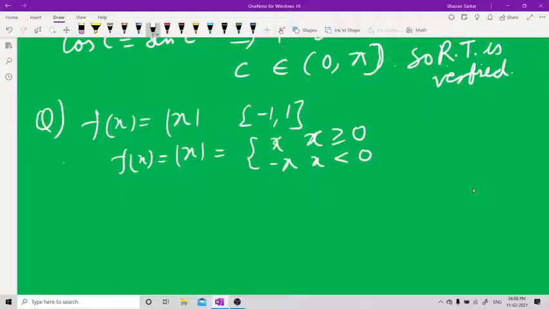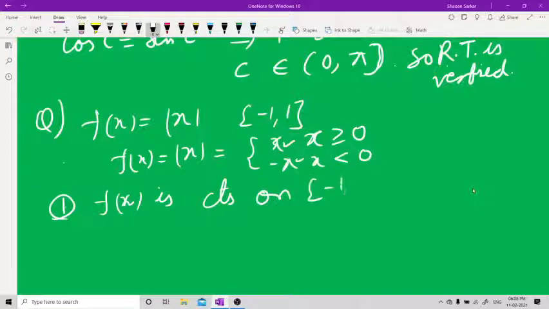So these two are polynomials. So it is continuous. Mod function is continuous. So number one, f(x) is continuous on [-1, 1].